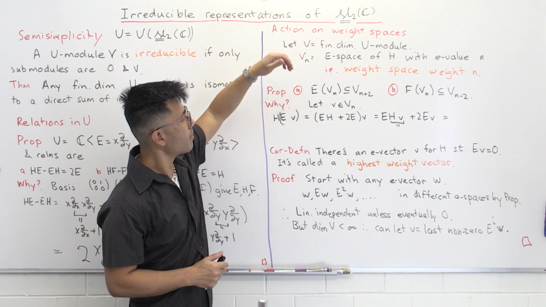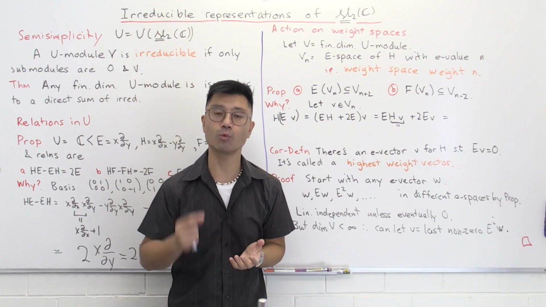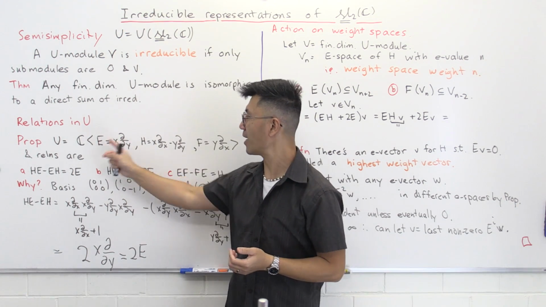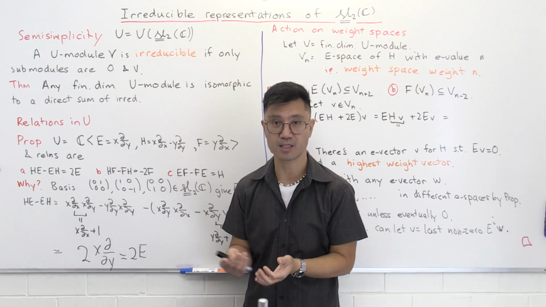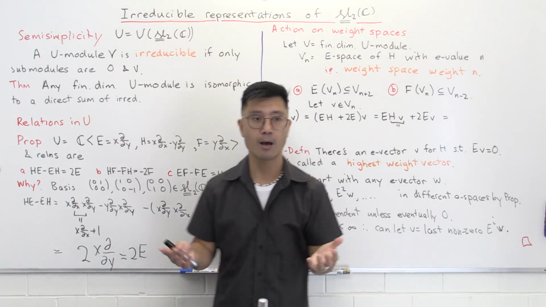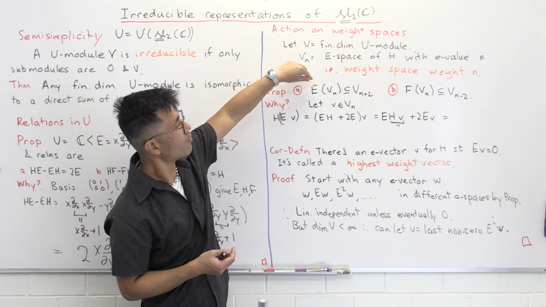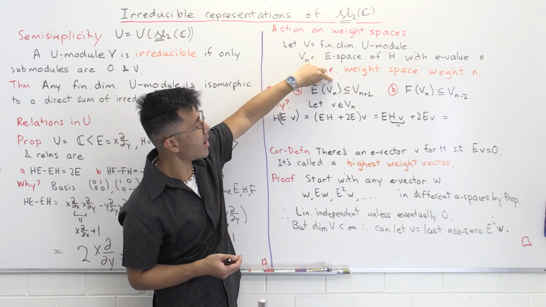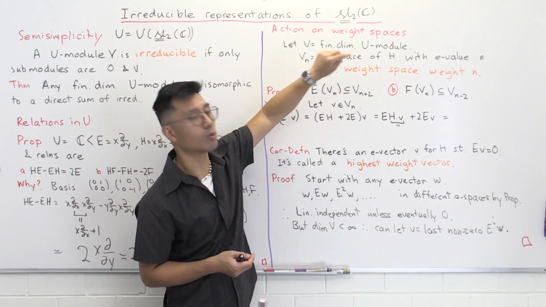So what's very nice about this? Firstly, E and F behave very nicely with respect to these eigenspaces. Normally if E and F commuted with H, they would preserve the eigenspaces, but they don't. Nevertheless, there is an interesting relationship. If you let E act on the weight space with weight n, it gets contained inside the weight space with weight n plus 2.